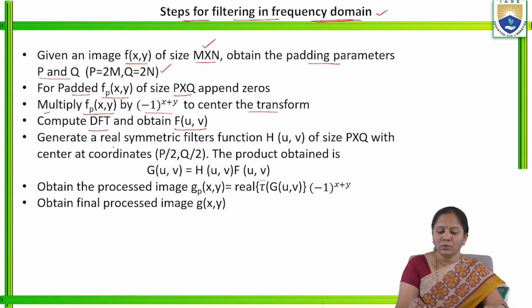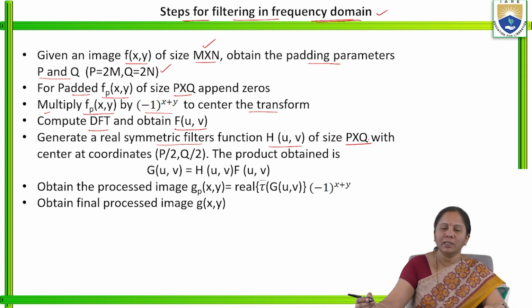The next step is to generate a real symmetric filter function. Here we use one filter, and the filter function is H of u comma v. The filter can be called a mask, and it is also represented in some odd size.